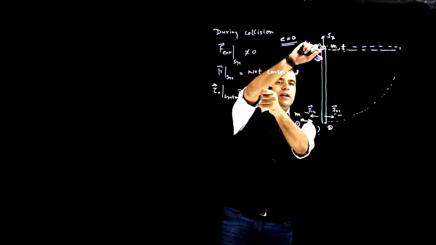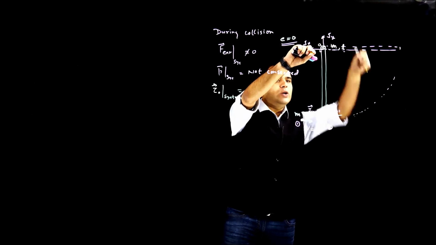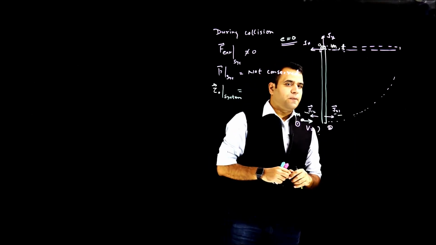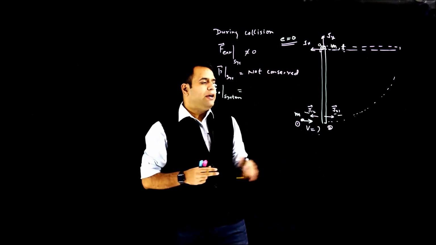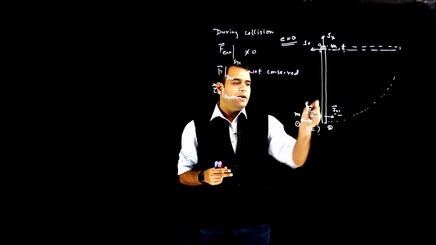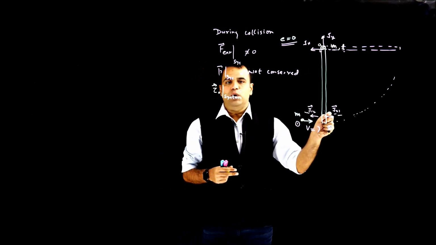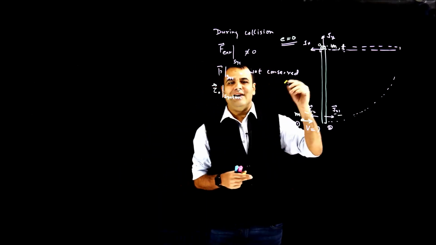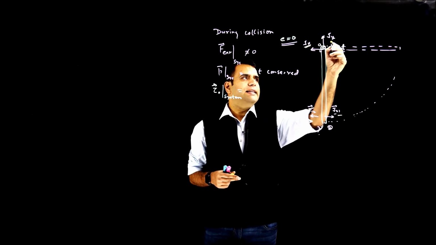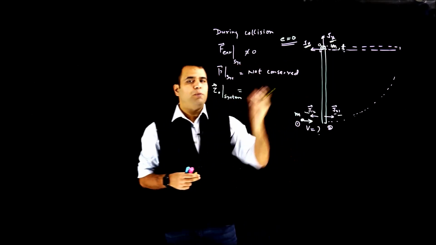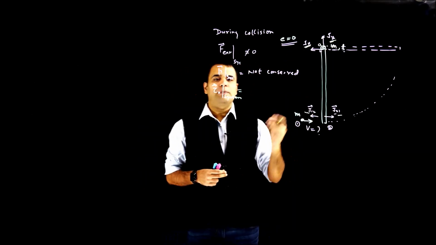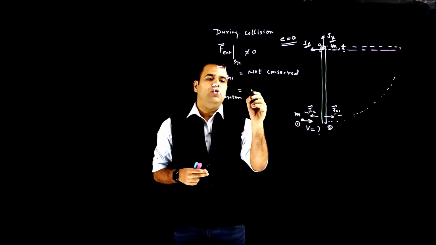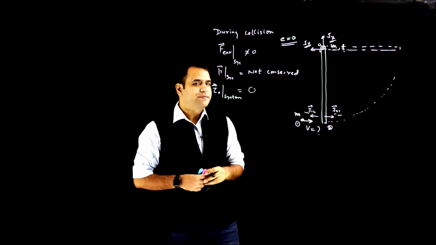Because J12 will give the clockwise torque and J21 will give the anti-clockwise torque. That will be equal in magnitude because the distance is the same, and the magnitude of J12 and J21 is also the same. So they will cancel out. And along with that, this Jx and Jy are passing through the point O. Since they are passing through the point O, their moment about the point O will be 0.